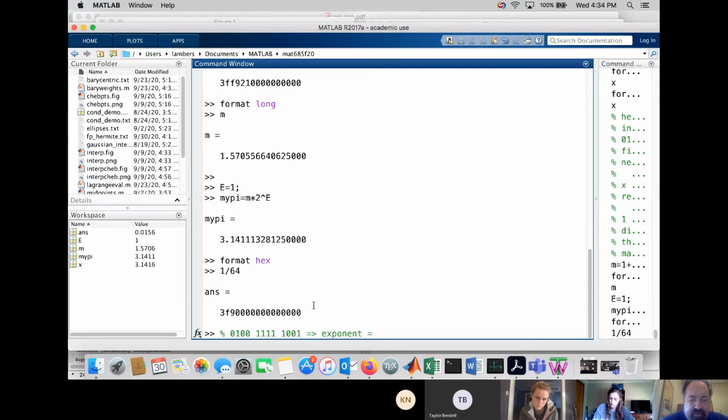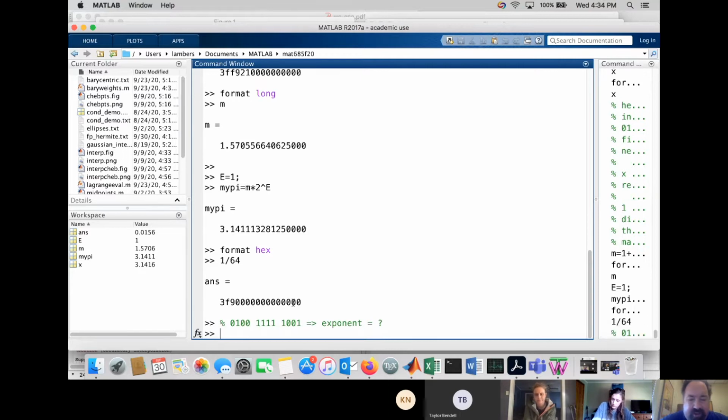Wow, that's going to be a pain. Okay, I'll figure out what it is. So the exponent is equal to, this is 2 to the 10, 10, 9, 8, 7, 6, 5, 4, 3. So I need to add up all those powers of 2, and then a 1.